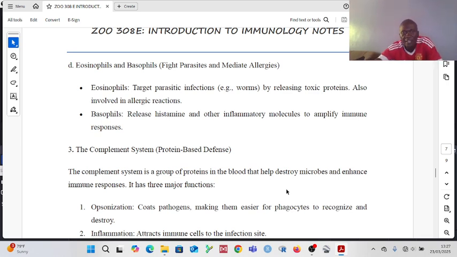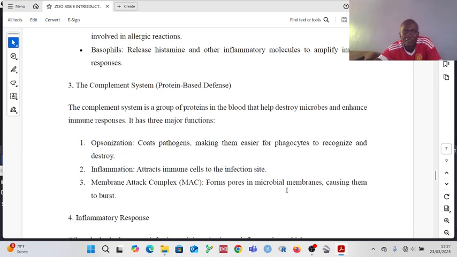The third component is what we call the complement system. So this is a group of proteins within the blood, and what this group of proteins do is that they help in destroying microorganisms. Okay.